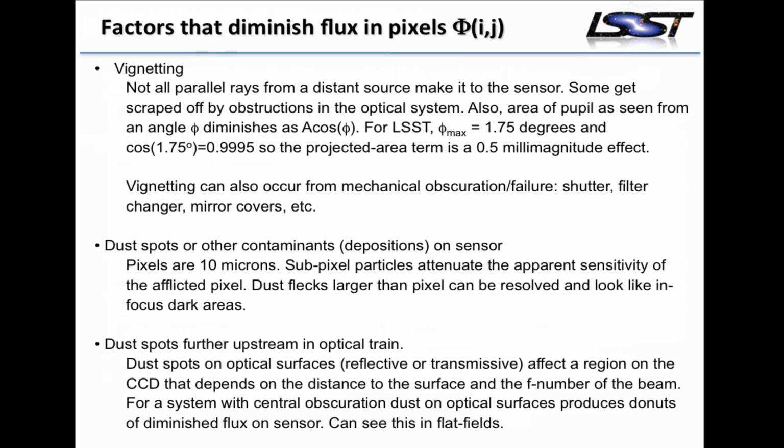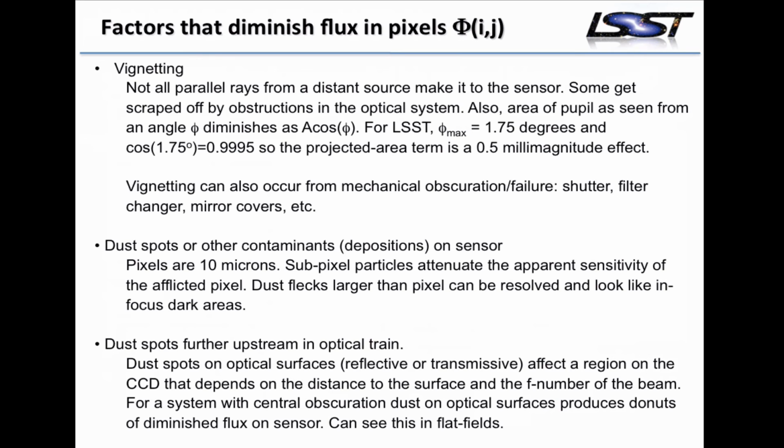There are also dust spots further upstream in the optical train. And whether they're on reflective or transmissive surfaces, now think about that illustration that I showed you really early on with that annular illumination of the upstream Dewar window, and ask yourself, if I put a dust spot on the Dewar window, what regions in the focal plane have diminished flux because of that dust spot?